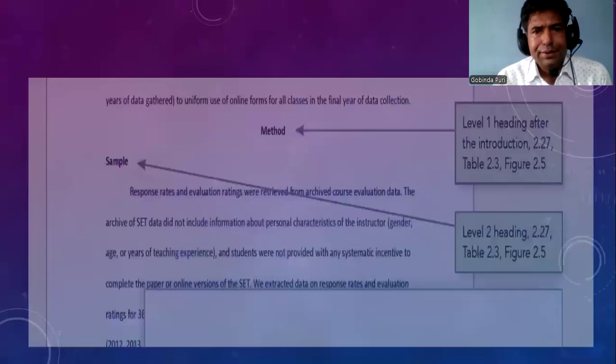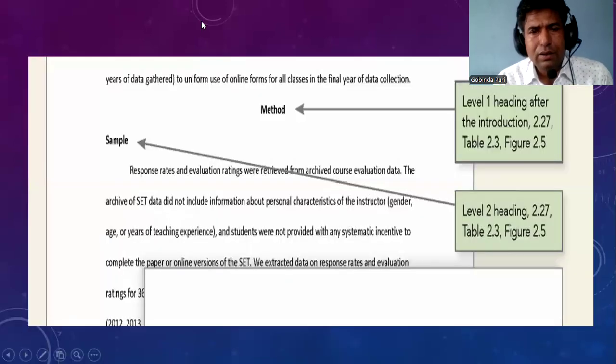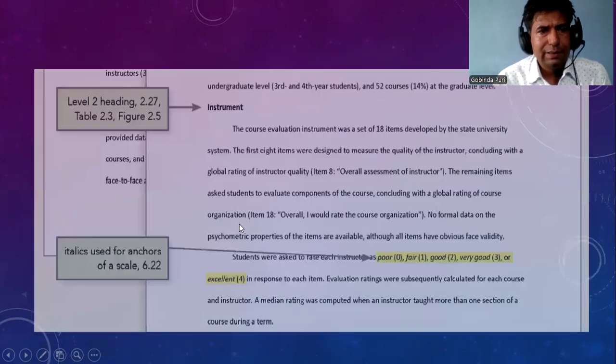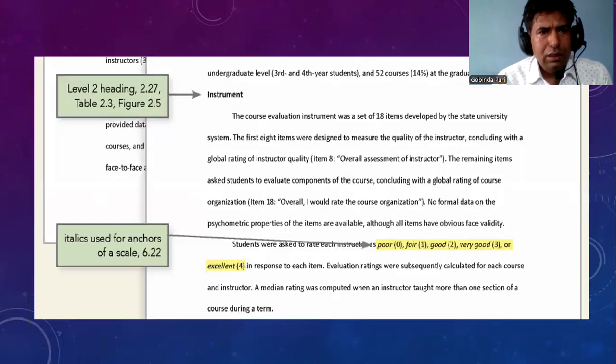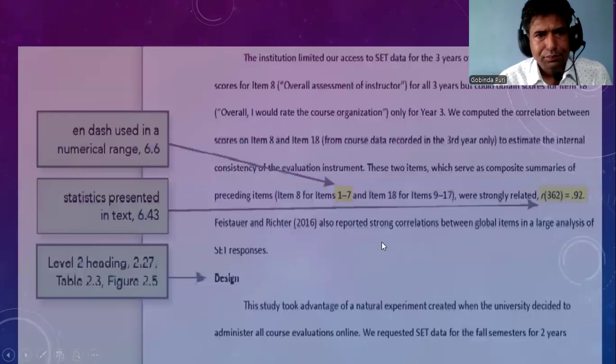The method is there in the first level, or level 1 heading, after the introduction. The sample is given. Sample is the level 2 heading, and others you can see. Level 2 headings are given there, and then if there are anchors as a pair, then they are given in italics.